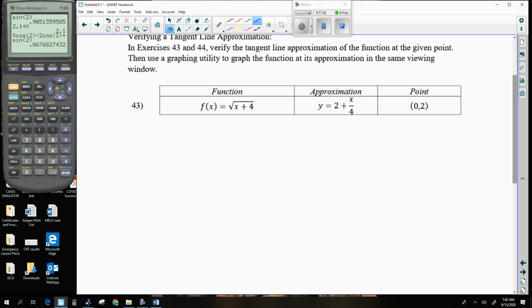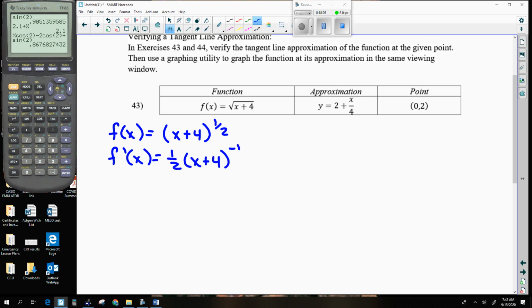Okay, so they just want us to, in essence, verify that and graph both of them on the same viewing window. Okay, so f of x as it stands is x plus 4 to the 1/2. So the derivative, and then times 1 with the chain rule.